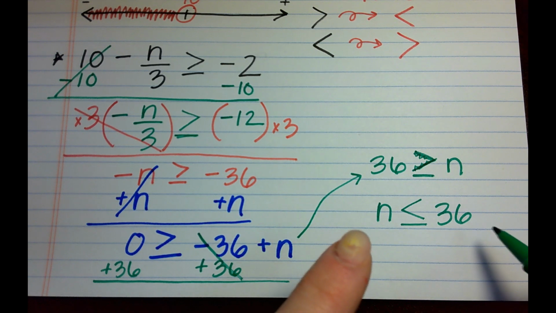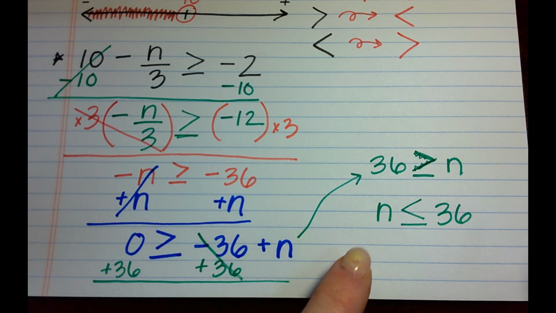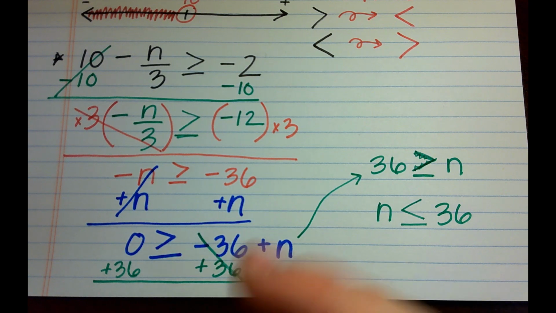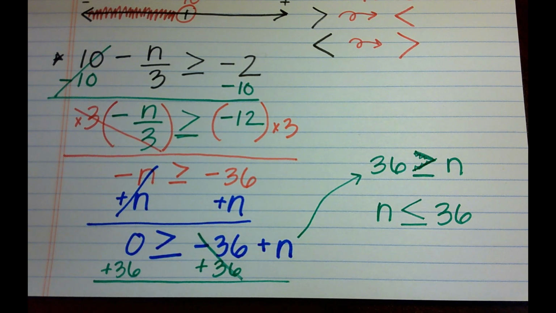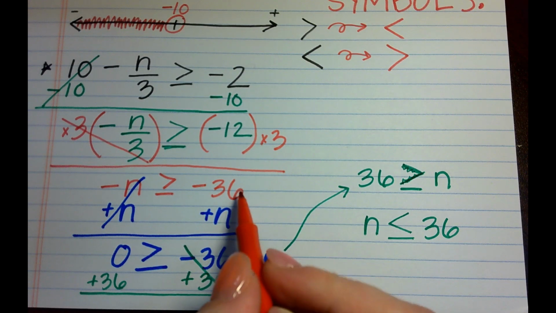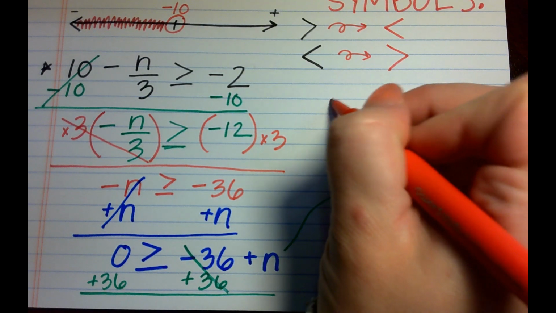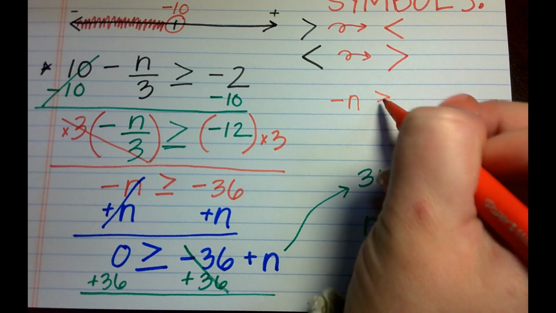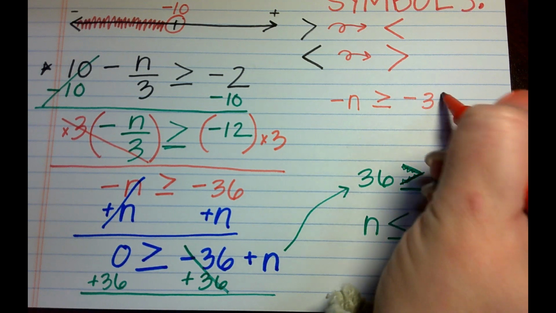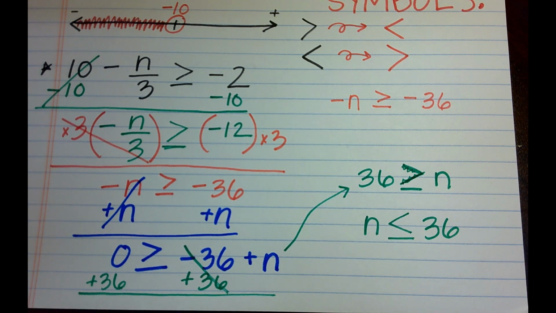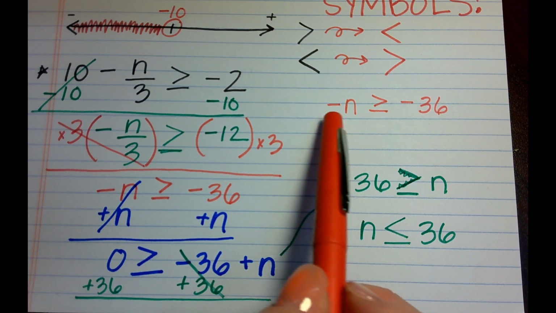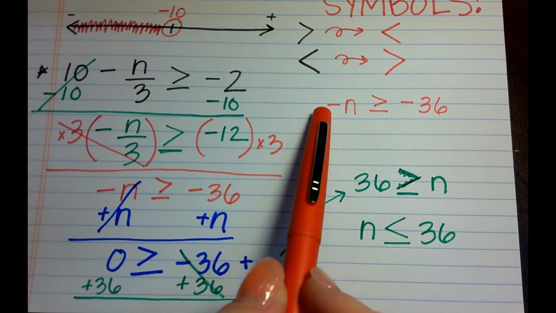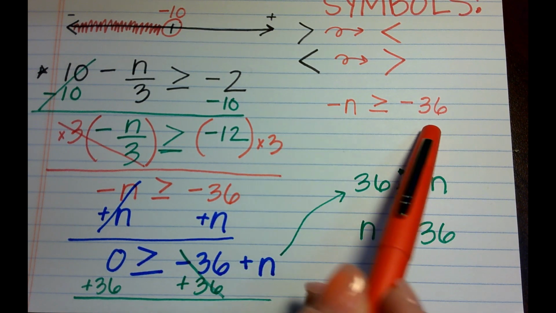Now, this was the long way of doing it, but it is still correct. If we wanted to, we could start from this step where I had negative n is greater than or equal to negative 36. And I could say to myself, well, I could divide both sides by negative 1, right?